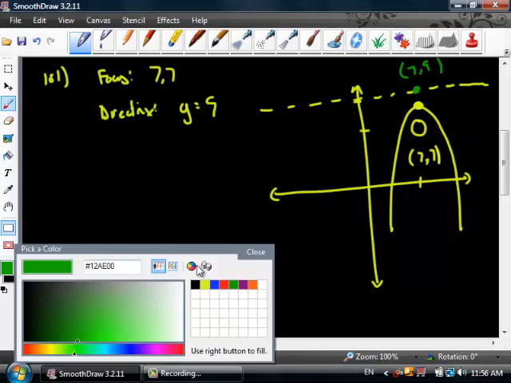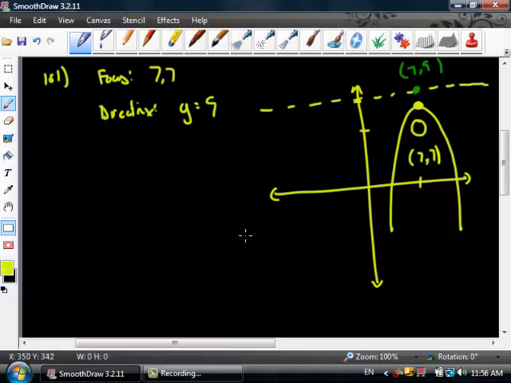So now, what is the relationship between the vertex, the focus, and the directrix? What's the location of the vertex in relationship to the directrix and the focus? Cameron, what do you think? Brianna? It's in the middle. So we can use midpoint formula.